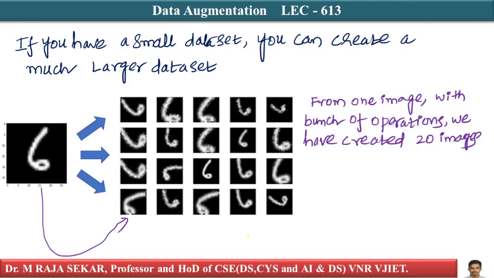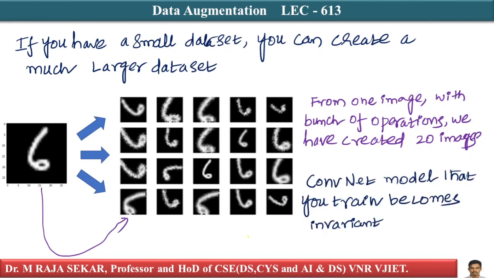By augmenting new images, you can convert small data sets into large data sets. Since you are introducing invariances in the data set, the ConvNet models that you train become invariant to all the transformations that you have introduced to the data set.